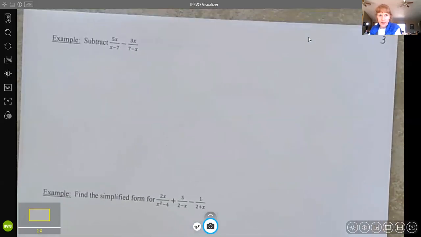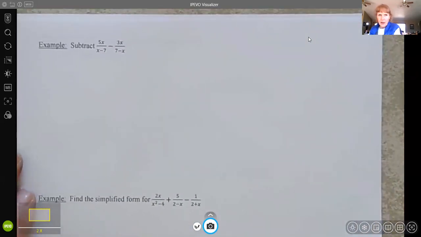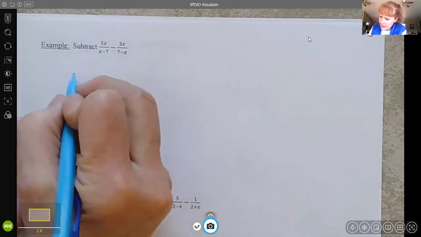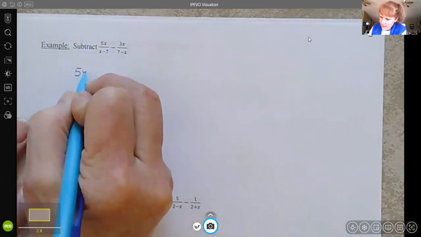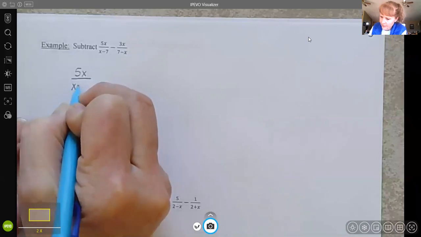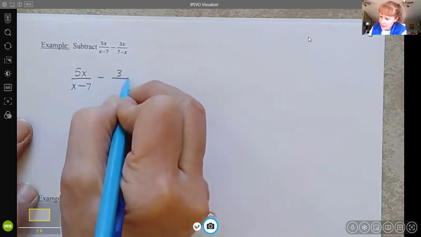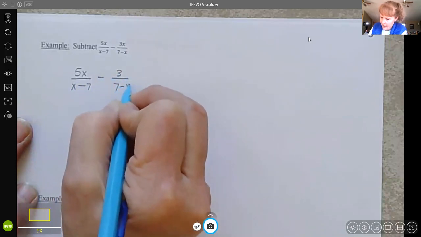There's 2 on this page. So here, looking at this is 5x over x minus 7. And now they're subtracting 3x over 7 minus x. All right.